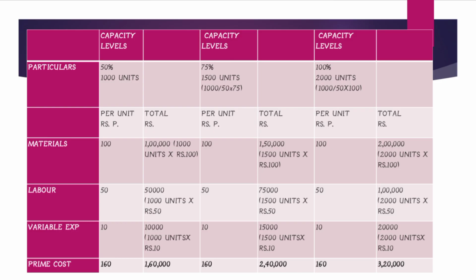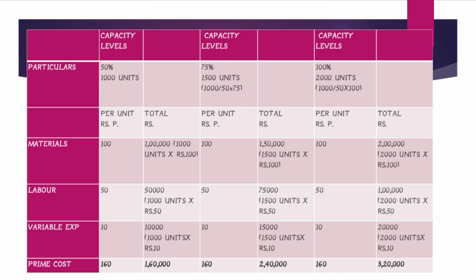Then the given information in the sum is variable expenses, rupees 10 per unit. 1000 units into 10, 10,000. 1500 units into 10, 15,000. 2000 units into 10, 20,000.